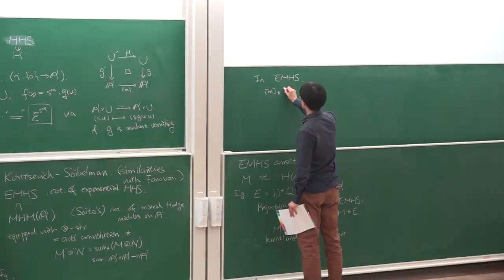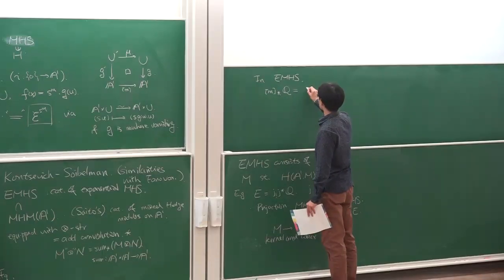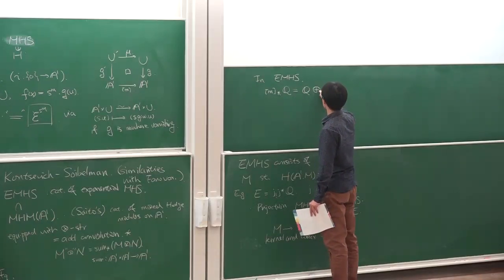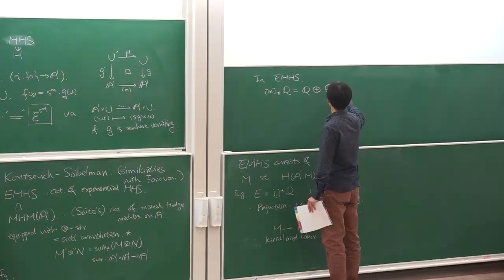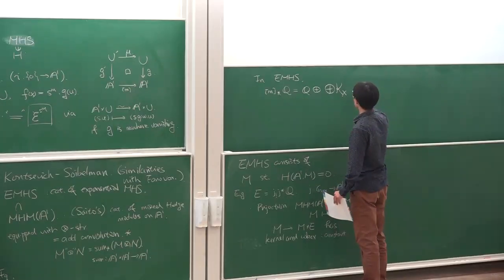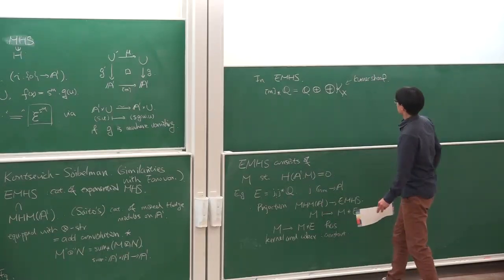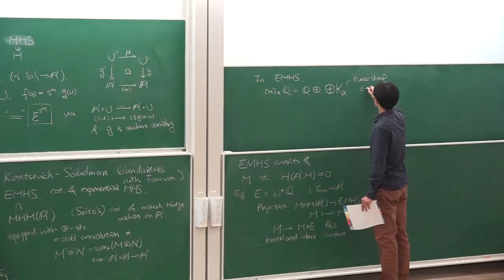So you just push forward your constant sheaf, and you have constant ones, and otherwise you have the twisted ones. This is, it corresponds to E plus n to R.